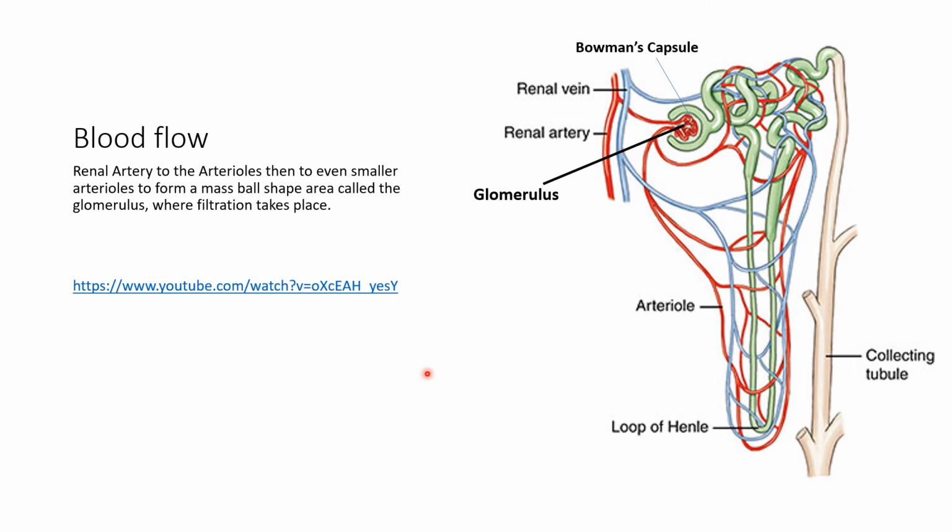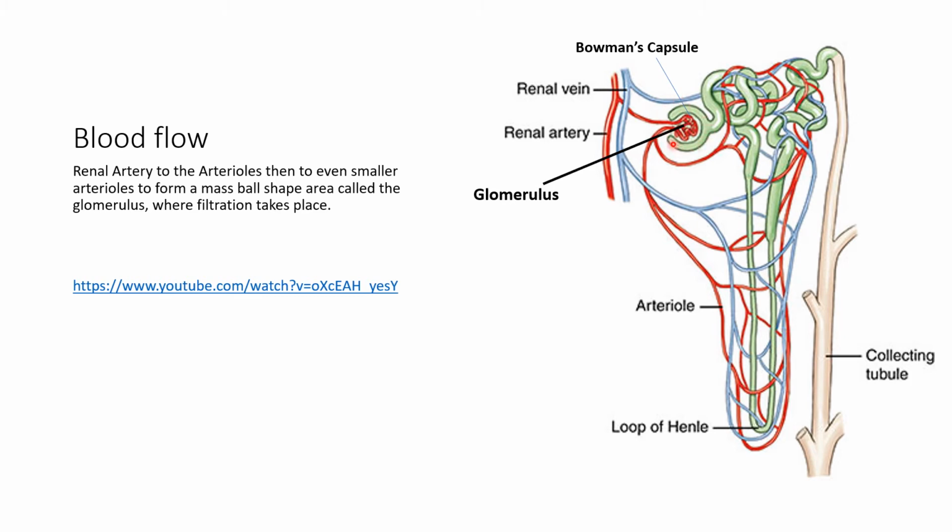And then this diagram that I have here also is looking at the microscopic level, where it shows you the renal artery and arterioles. And so I go into these smaller arterial capillaries, and what happens here, again, this is a better picture.